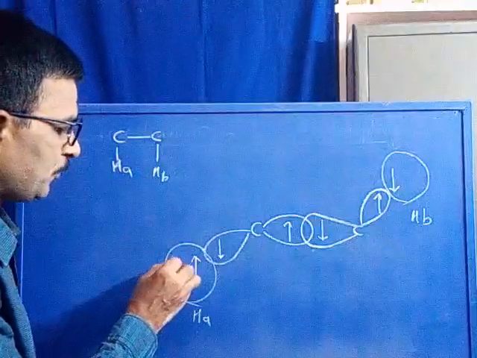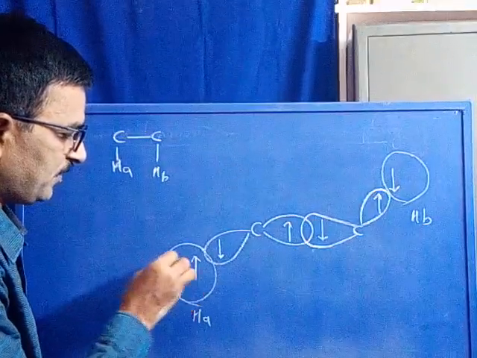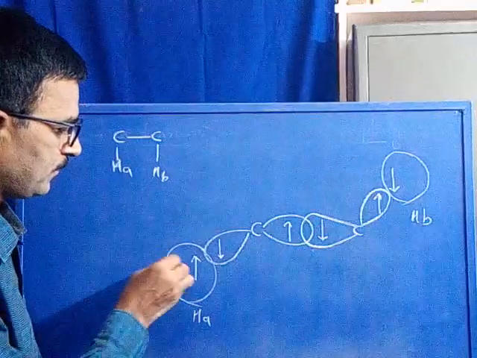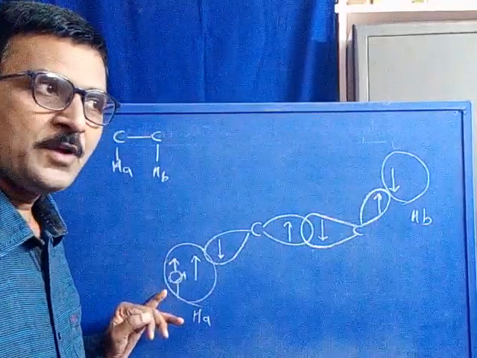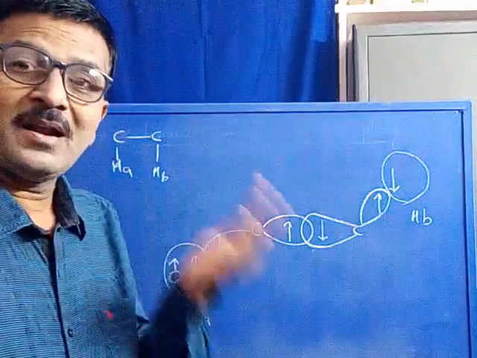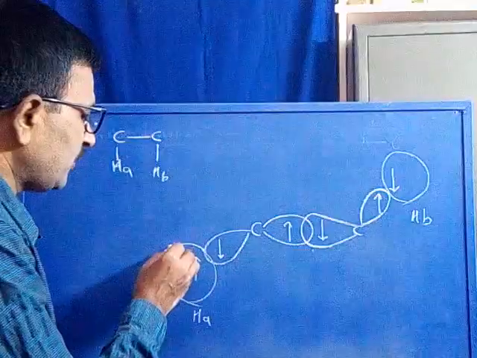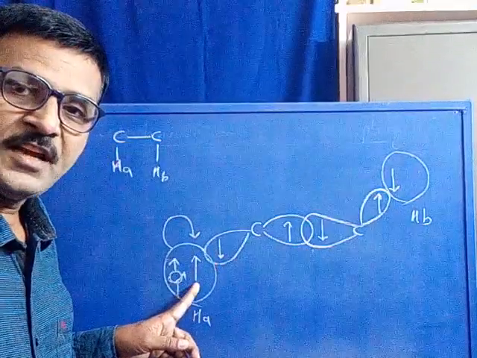Now the nuclear spin of HA hydrogen is first transmitted to its electron spin. This is the electron of HA hydrogen.